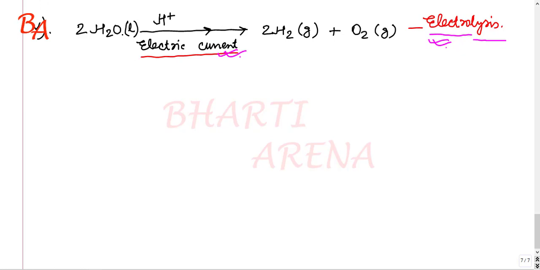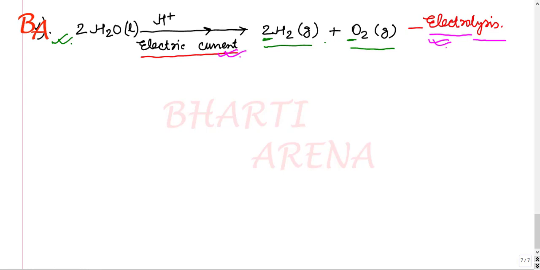This reaction is also very important from the examination point of view. In the examination, such questions are asked that in an experiment where the electrolysis of water is going on, in one test tube we get twice the volume of the other test tube. So what is the reason behind it? The reason is explained by this reaction: during the electrolysis of water we get 2 moles of hydrogen while 1 mole of oxygen.